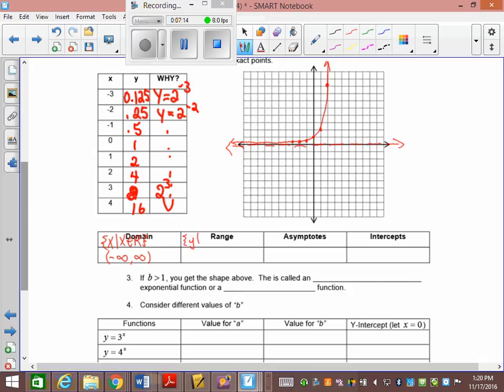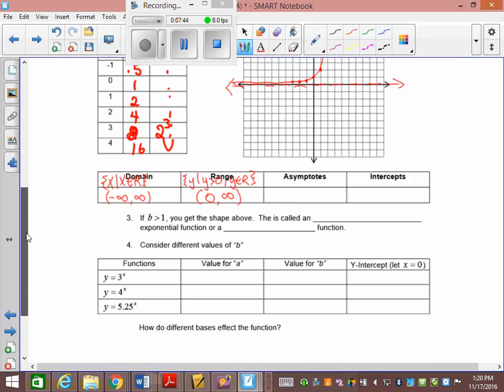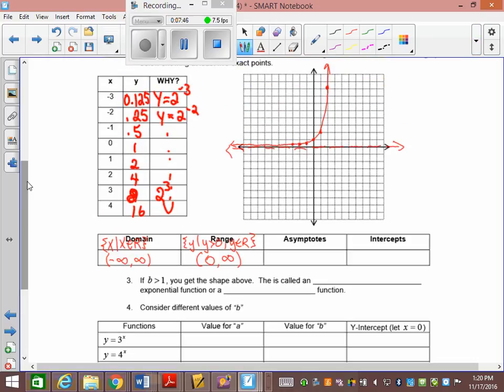So it's going to be y such that y is greater than 0, because it's not equal to it. And then you're going to have round bracket 0 to positive infinity round bracket. Both of these are round because you can't equal positive infinity and you can't equal 0 because that's where the asymptote is. What's the asymptote?